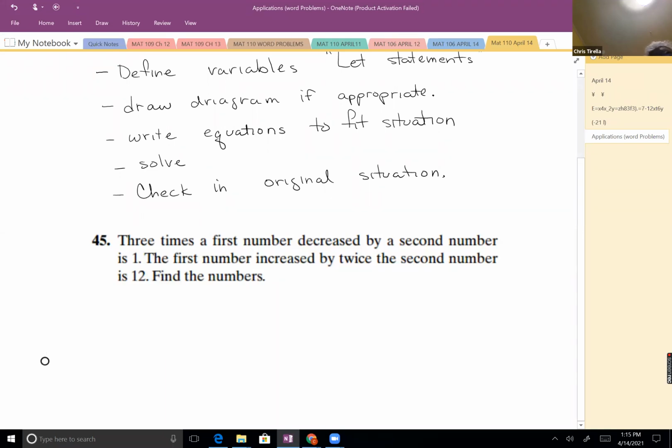The first number increased by twice the second number is 12. Find the numbers. We're looking for 2 things. So let's let x equal the first. And for lack of originality, let's let y equal the second.